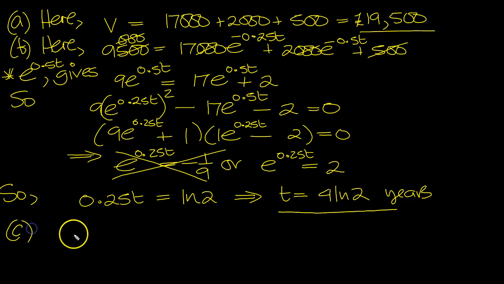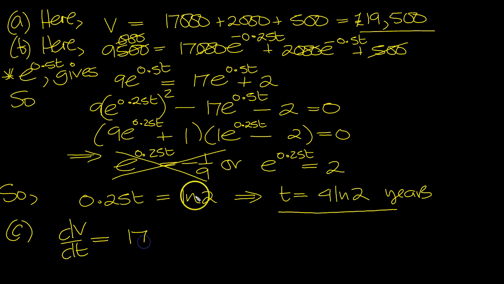So part C, dV/dt is equal to, okay, here's the actual function then. So it's 17,000 e to the something t. So it's a function of a function rule. This quarter comes down.